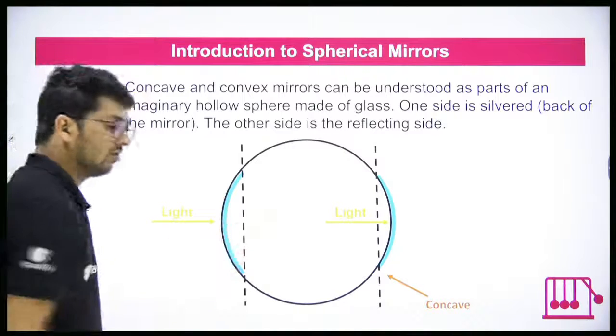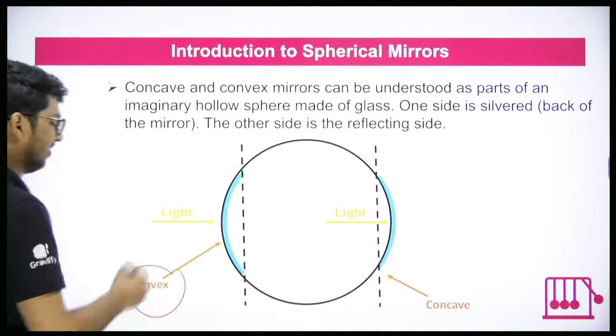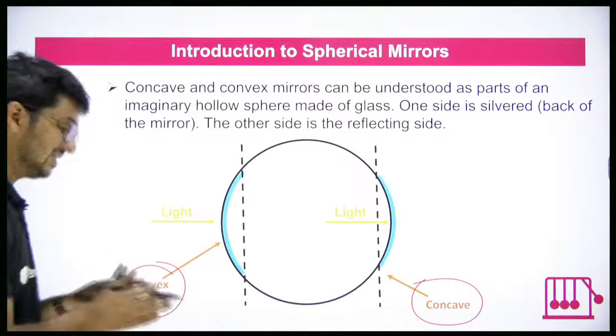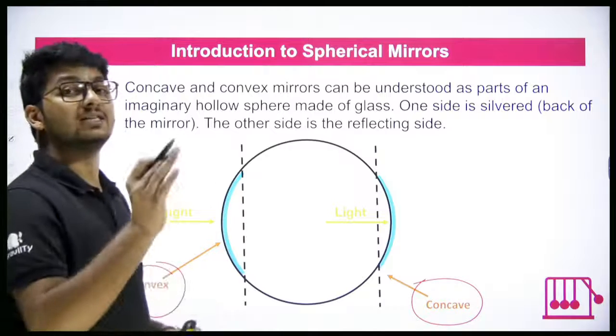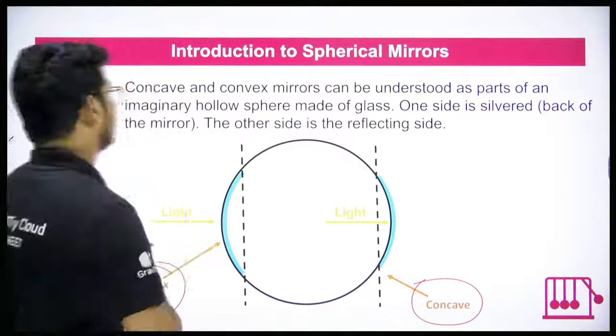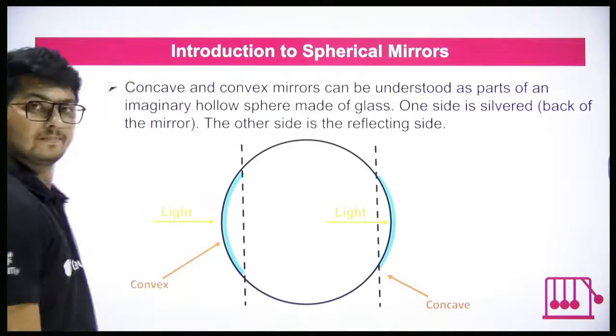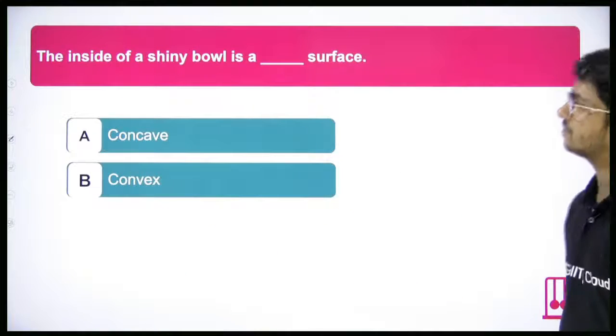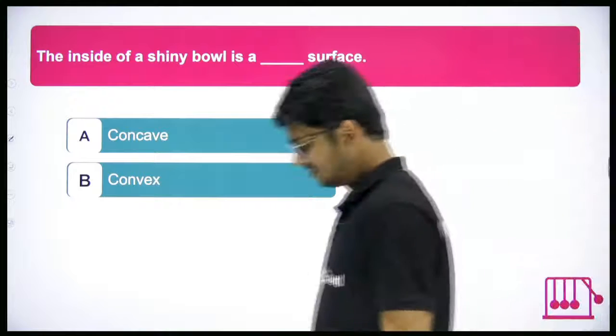So the outside is convex, so this becomes what? Convex mirror. Here it is a concave mirror. It all depends on which surface is the reflecting side. Understood? Good.